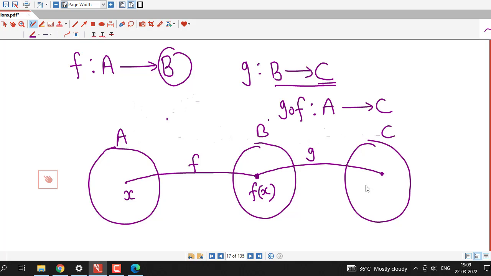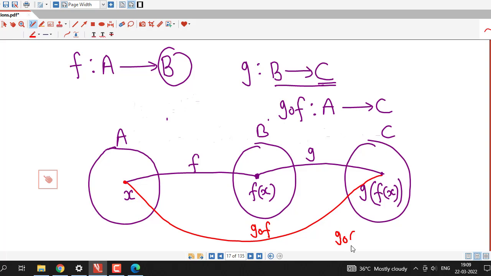So here g(f(x)) will be in set C, and g∘f is a function from A to C, whose domain is A. So it is a function from A to C. So this is g∘f. So we can see g∘f at point x is equal to g(f(x)).